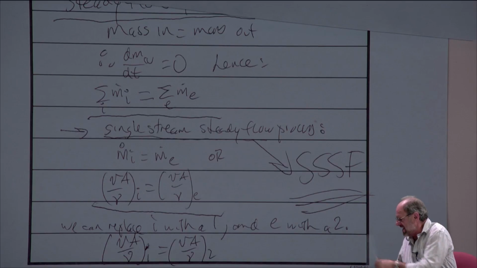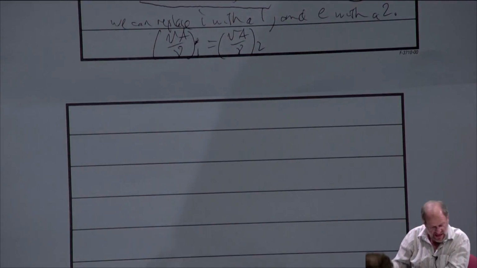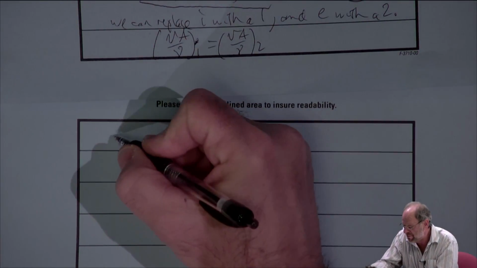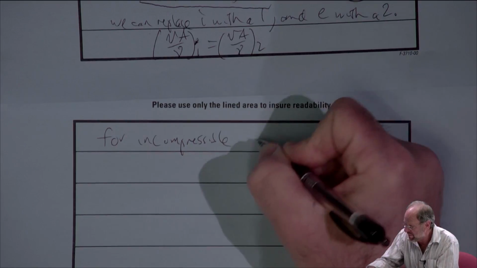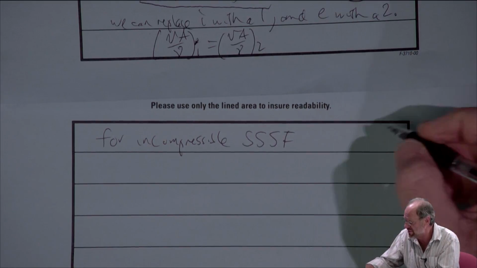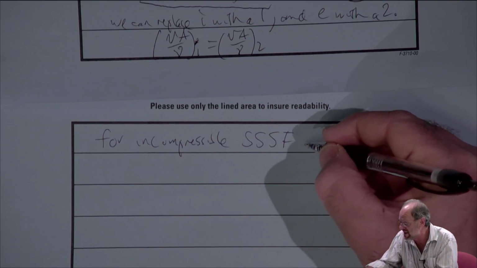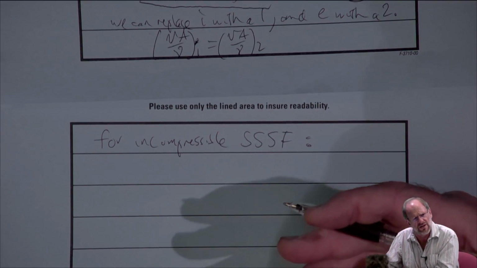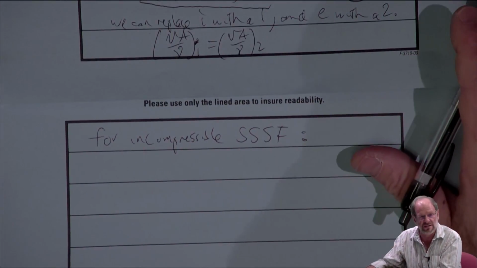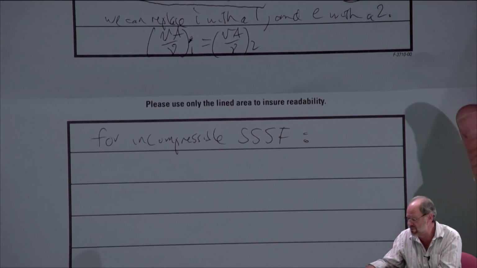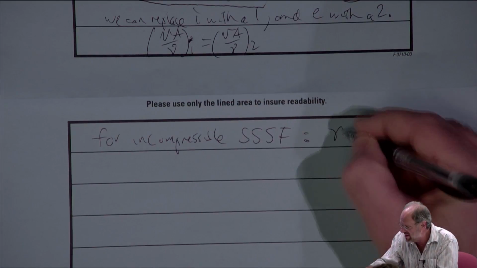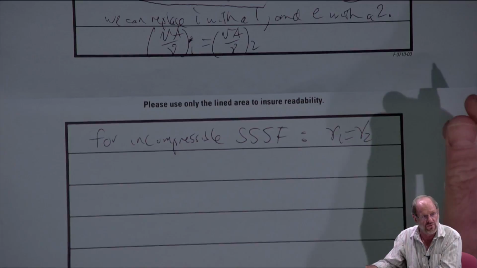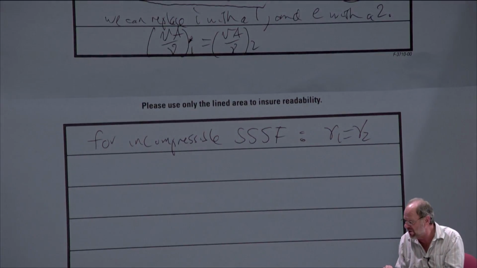And then the other thing I wanted to mention: for incompressible single stream steady flow processes, this gets back to the question that one of your classmates asked earlier. Do the specific volumes remain constant? The answer here is yes. If it's incompressible, then v1 is equal to v2. There is no change in the specific volume.